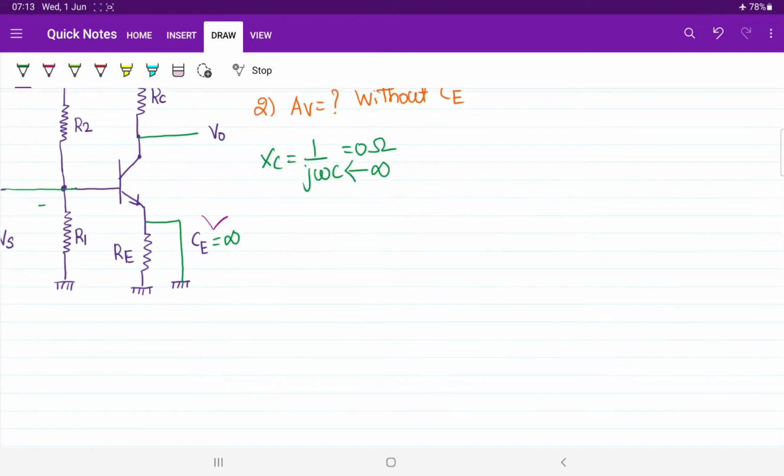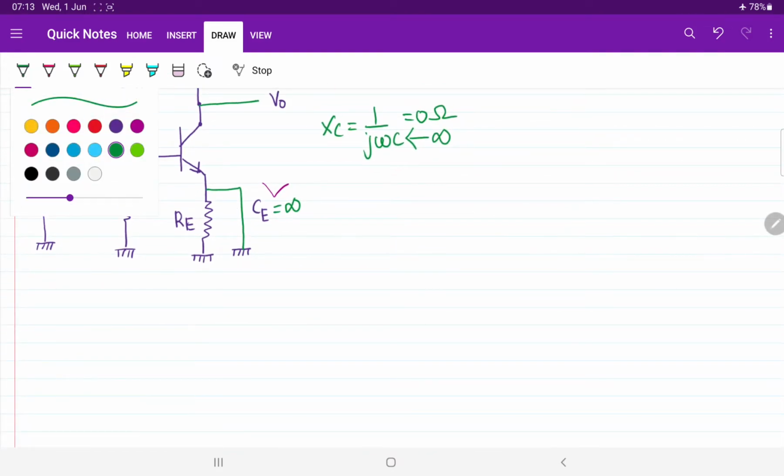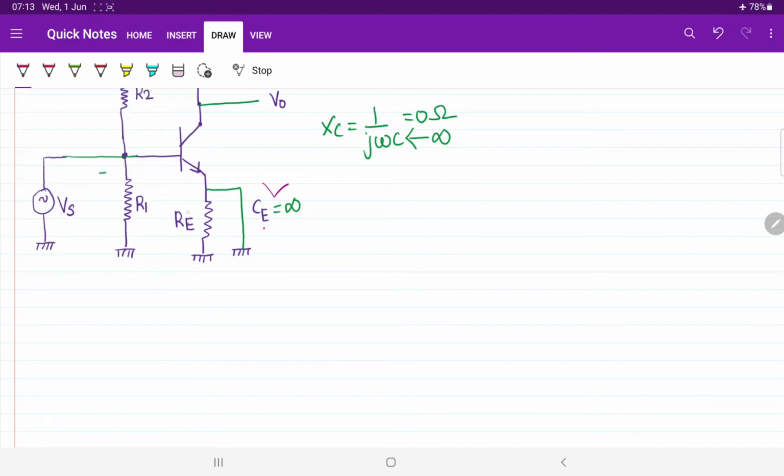After that, if you observe, when I am short circuiting across the emitter, when the capacitor is short circuited, can you consider the effect of this RE now? No. Why, sir? Because the resistance offered by the short circuited line is 0, whereas this is RE, and both are connected in parallel.